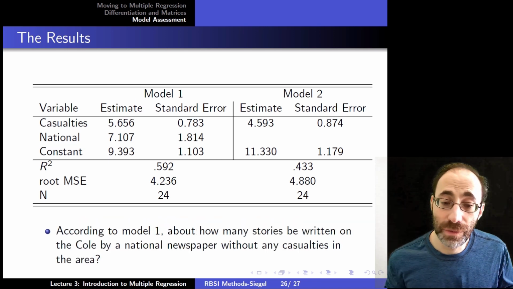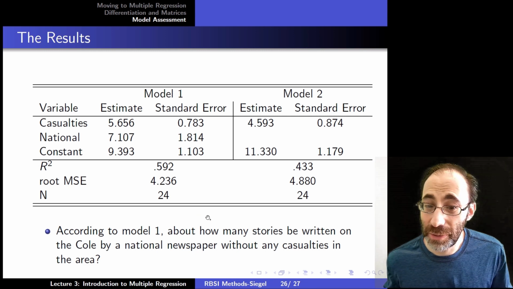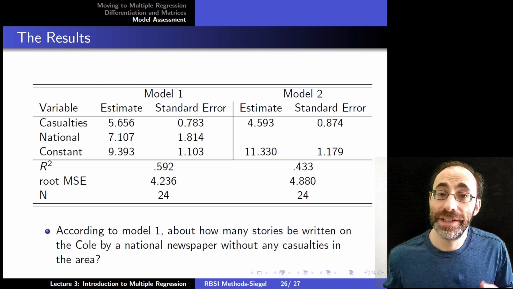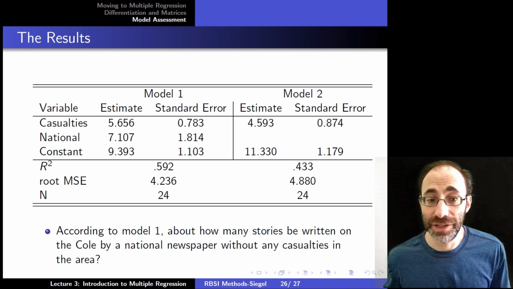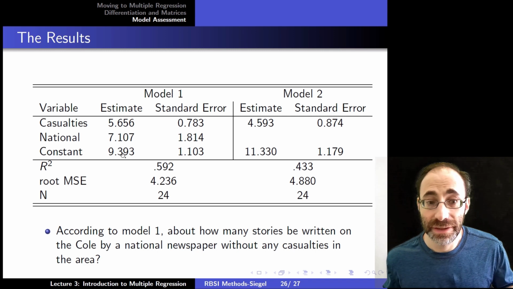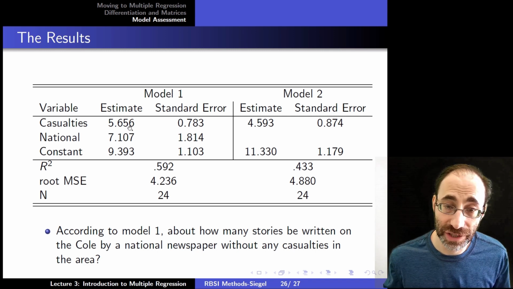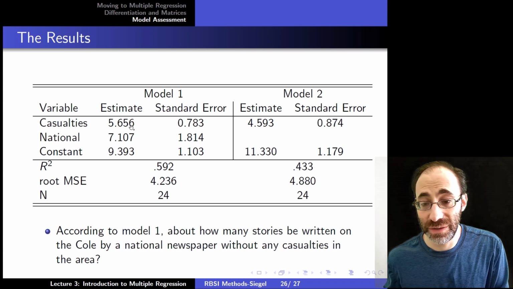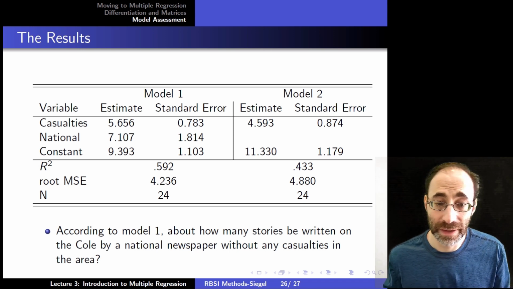Okay, in model 1, about how many stories were written by a national newspaper without any casualties? That's a prediction. To do the prediction, we're going to take the constant. We're going to add to that the casualties coefficient, 5.656, times the number of casualties. Here it is 0, so we just ignore that.